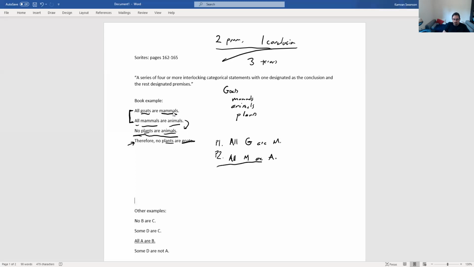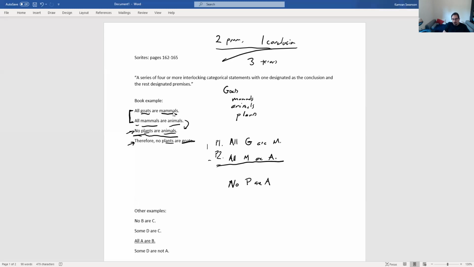All mammals are animals. Now, is it possible that this premise, no plants are animals, is the conclusion for these 2 premises? I'm going to write this here: no P are A. Does this make sense?